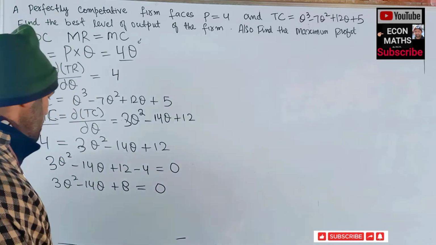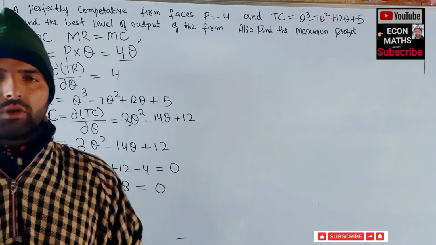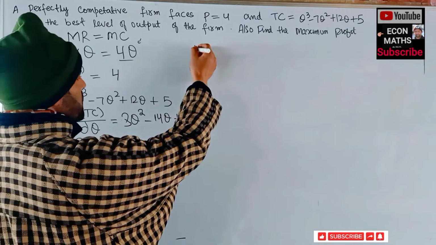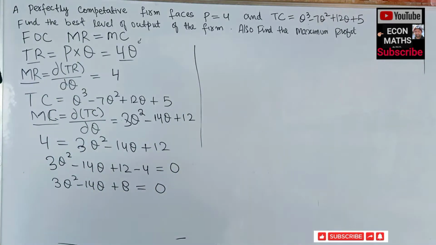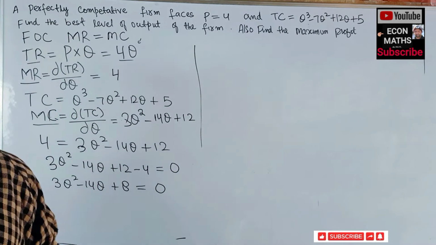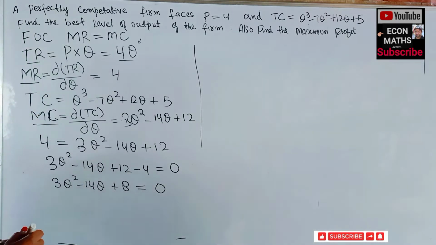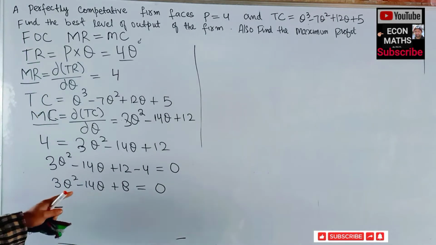To solve for q, we will factorize this quadratic function. The factorization is done here by splitting the middle term.